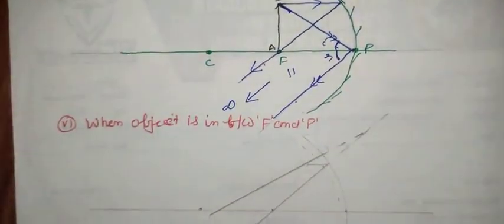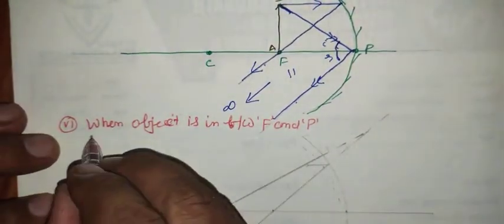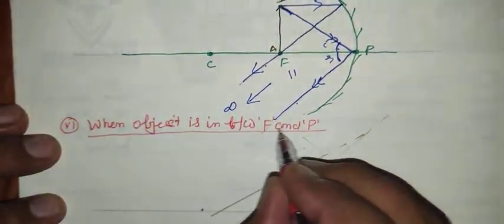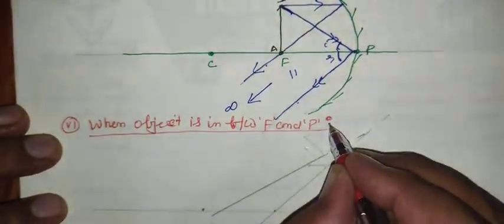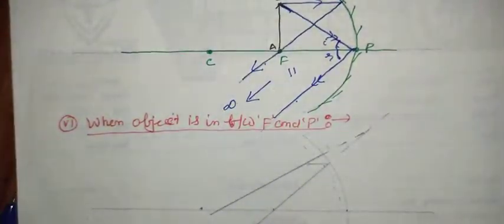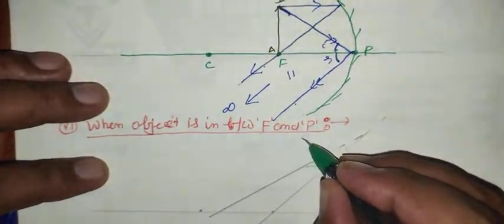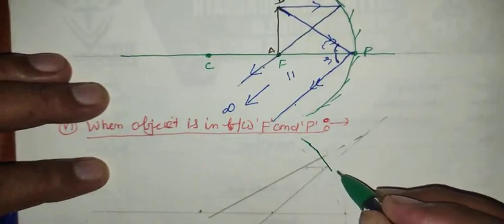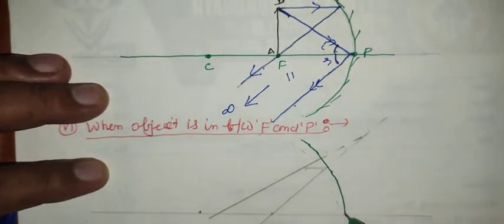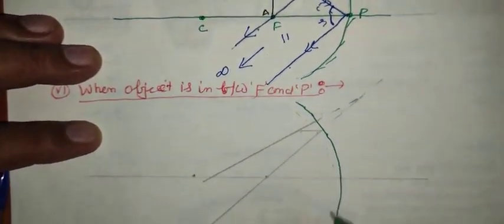One more condition we are going to discuss, that is when the object is in between focal point F and the pole of the mirror. Then see how the image is formed. To show this, it is required to see much more carefully here.